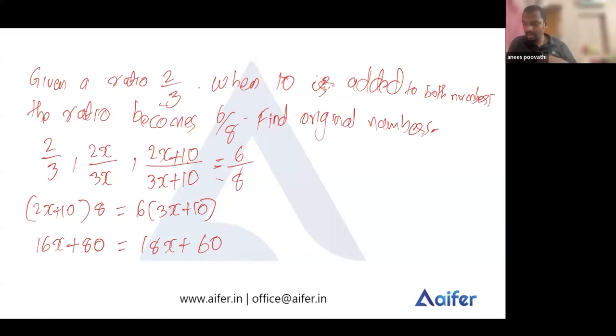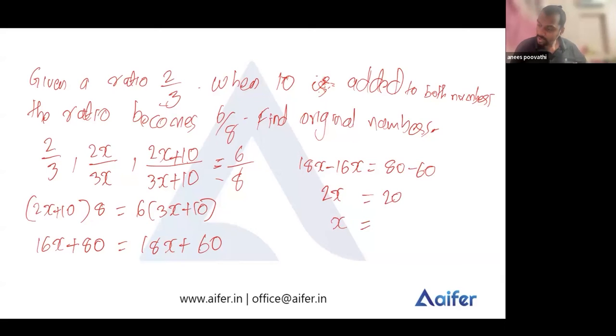We put x on one side: 18x minus 16x equal to 80 minus 60, that is 2x is equal to 20.